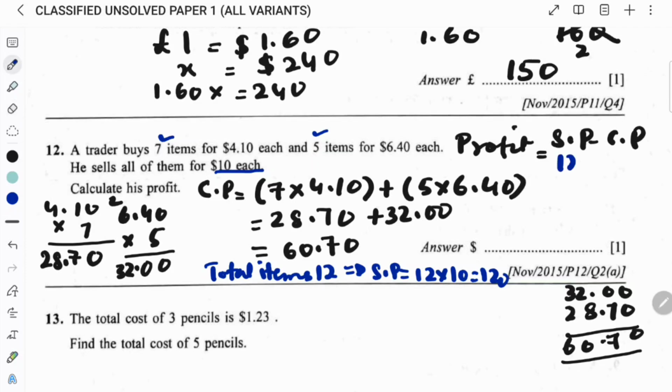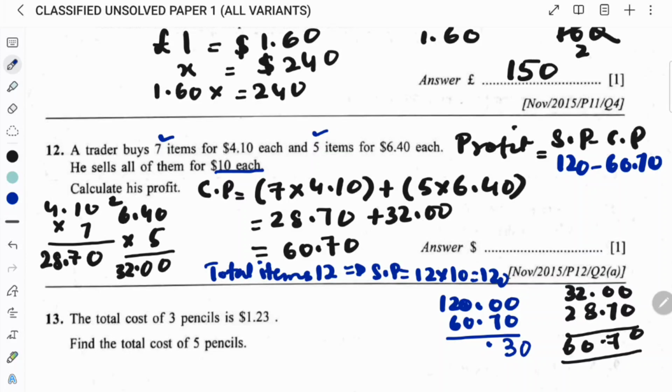So 120 minus 60.70. We are going to subtract 60.70 from 120 and get the answer. Whenever you borrow, it will become 10, that is 0.30, and then 120 becomes 119, and 60.